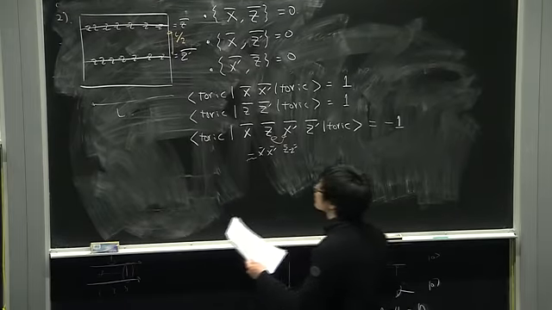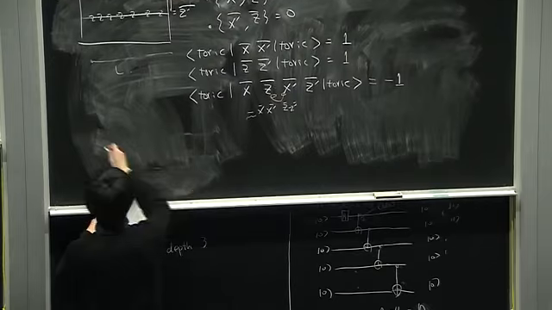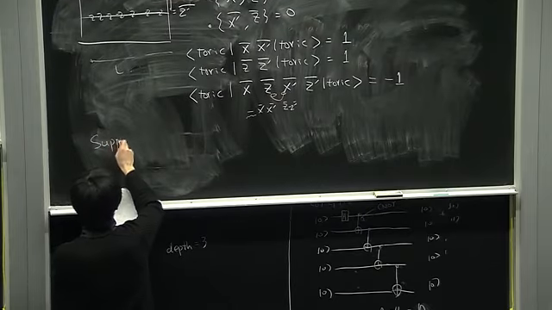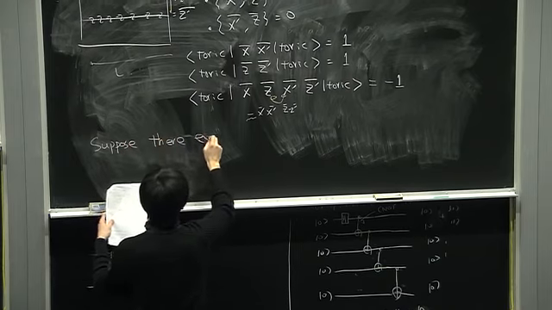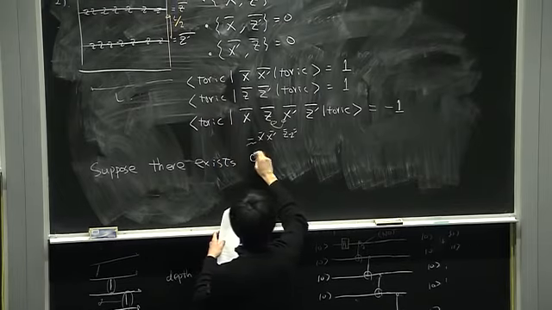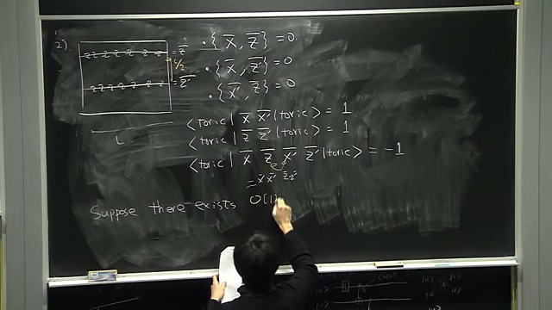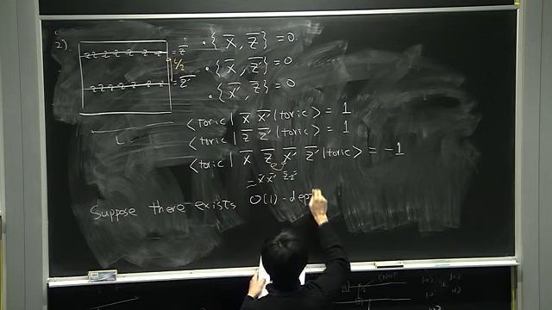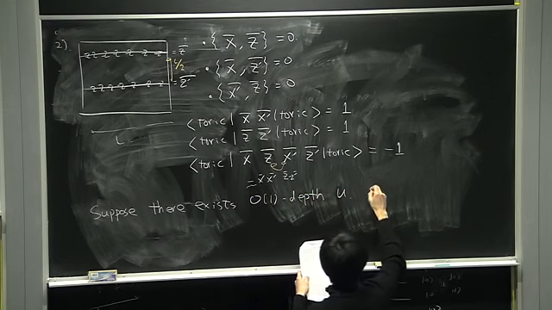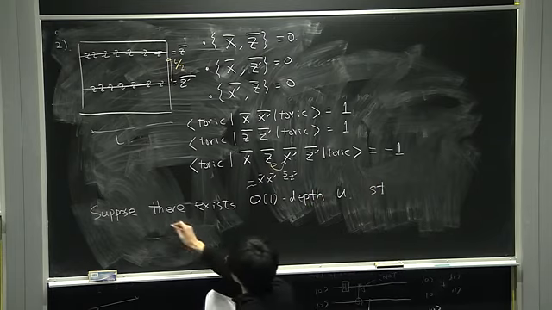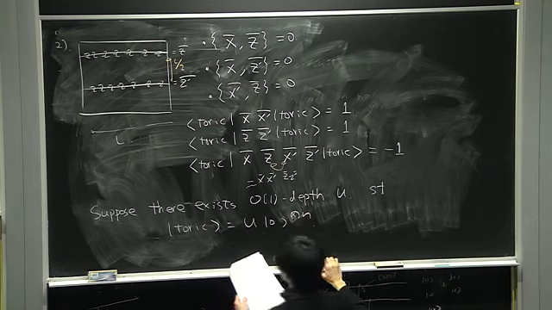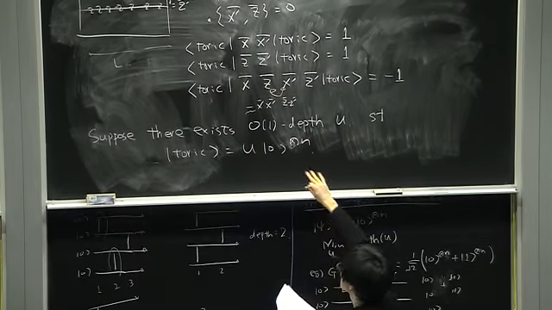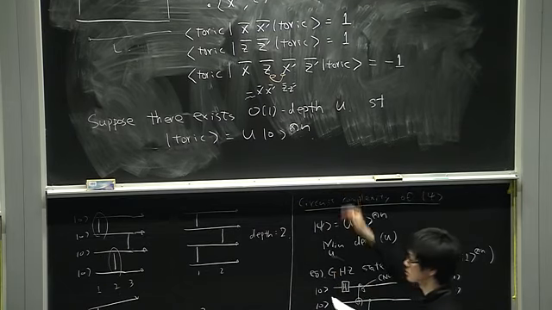But now we are going to use a contradiction. So suppose that there is an order 1 depth unitary such that this holds, and then we are going to show that this leads to a contradiction.